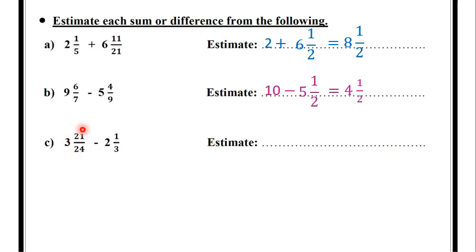So 3 plus 1 equals 4 minus, here the whole number is 2, and 1 over 3 is close to half. So I'm going to write 4 minus 2 and a half. So it will be 1 and a half.